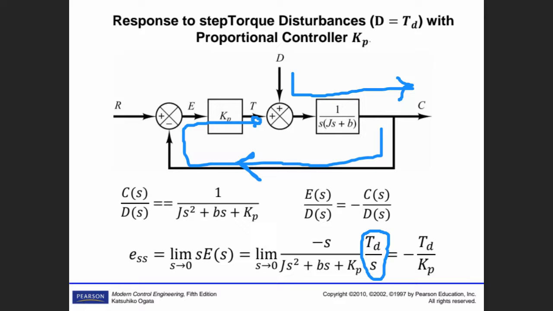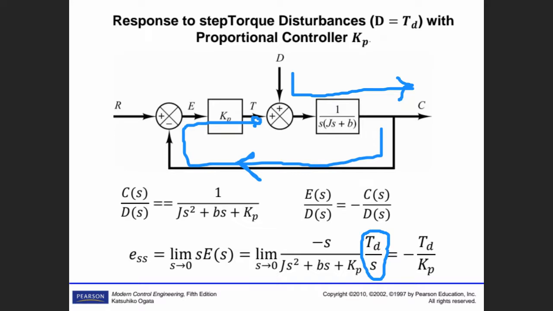As long as you see 1 over S, that means step. This is a step input. So multiply with step input, you obtain E(s). Of course, you have to multiply with S. Then you obtain that your steady state error is equal to disturbance over Kp.